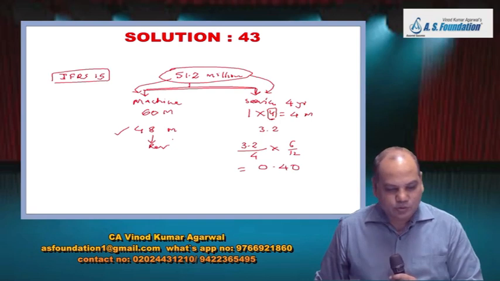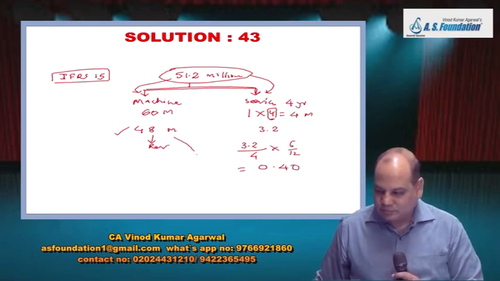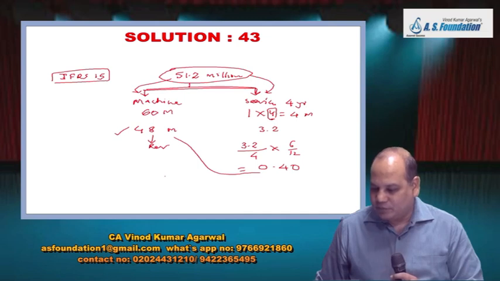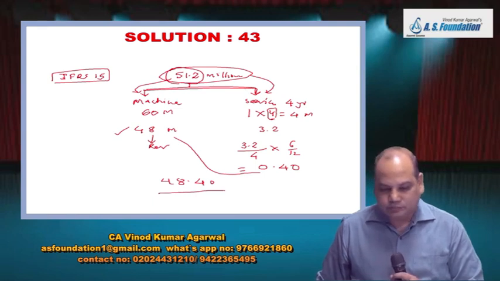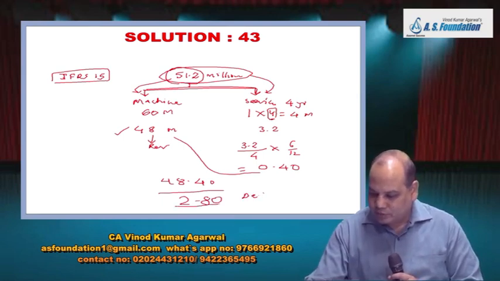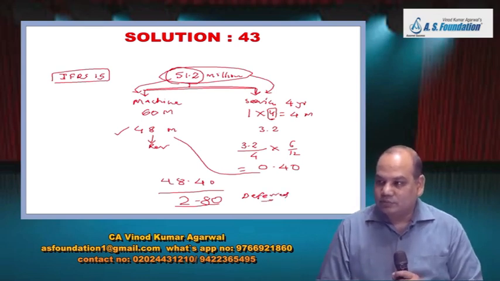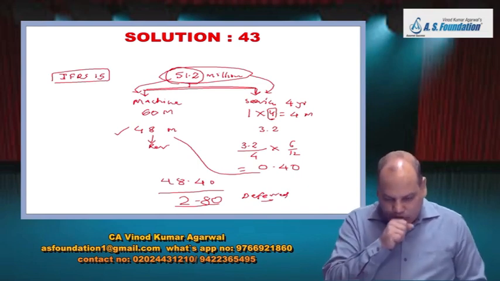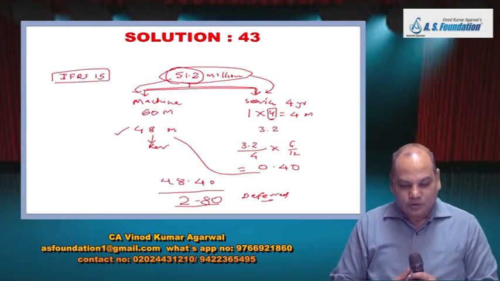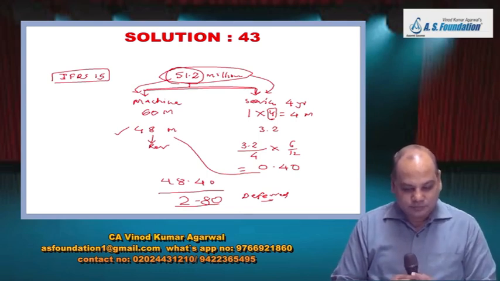So my total revenue to be recognized should be how much? 48.4. How much excess revenue you have recognized? You have recognized 51.2 minus 48.4, 2.8. So 2.8 we will defer. This is deferred revenue. We will adjust 2.8 from the revenue. So this was application of IFRS 15.